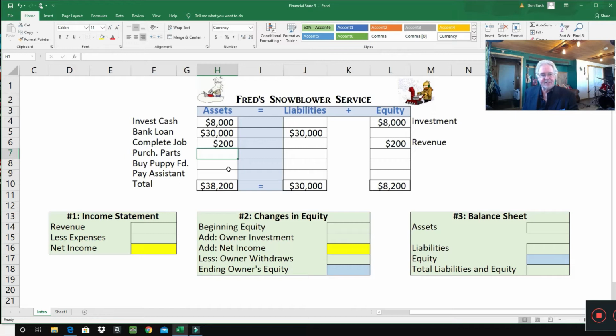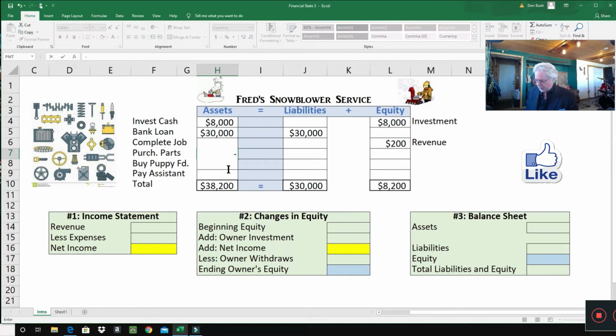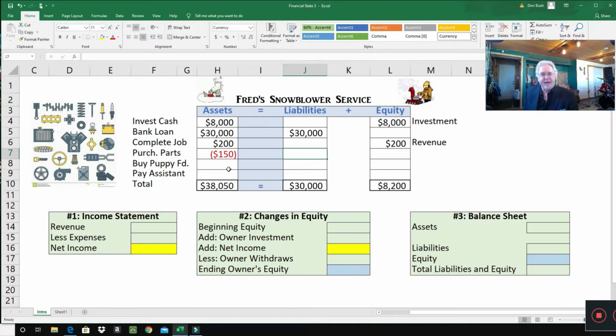Now to fix that snowblower, Fred had to purchase parts, and the parts came to $150. So I'm going to write here a negative $150. And I'm going to put it under equity here, negative 150. So let's see if this balances.